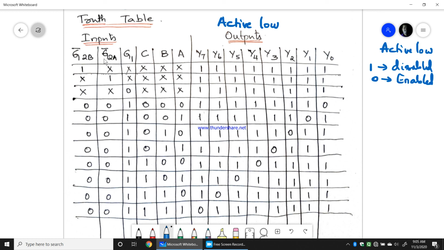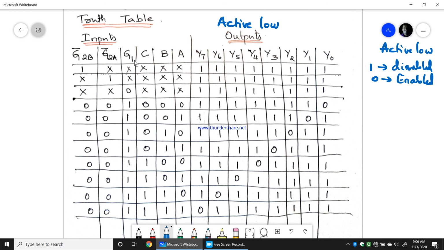So for that you see G2A bar and G2B bar are active low, right? So if 1 is there, then that particular enable pin is disabled. So if any one of these two inputs is disabled, then irrespective of the value of ABC, no output lines are selected. If any one of these two enable pins takes the value 1, because of active low, then it is disabled.